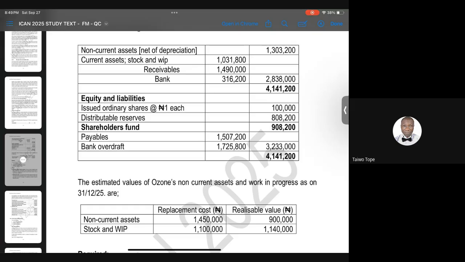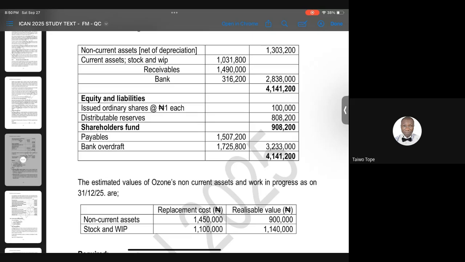It will now be 1,450,000. If you want to replace your stock of work in progress, it will no longer be 1,031,800, but rather 1,100,000. So what you do is to replace the values in this statement of financial position with these amounts to determine the value of the business.